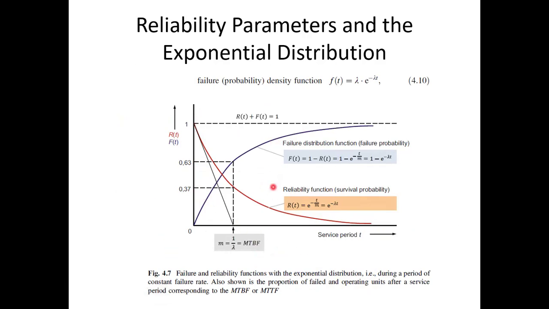But here, mean time between failures will depend on it. If you draw a line between the failure distribution function and the reliability function, you get this point, which is the mean time between failures. So here the device may fail at 33%.